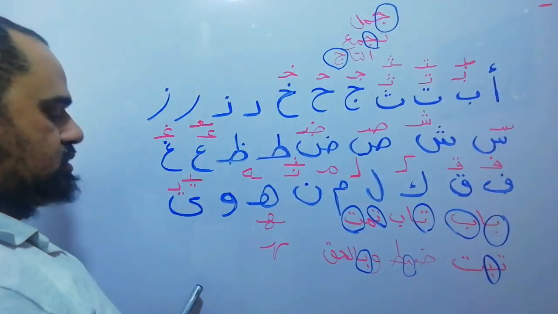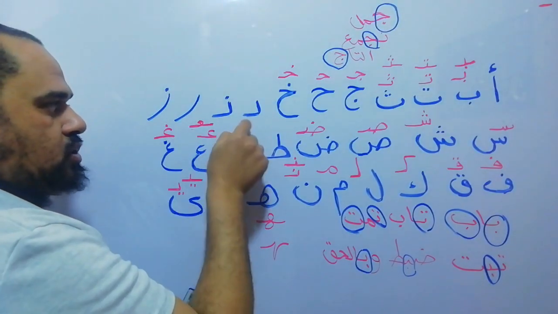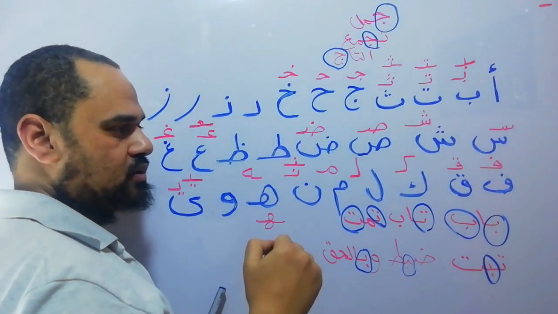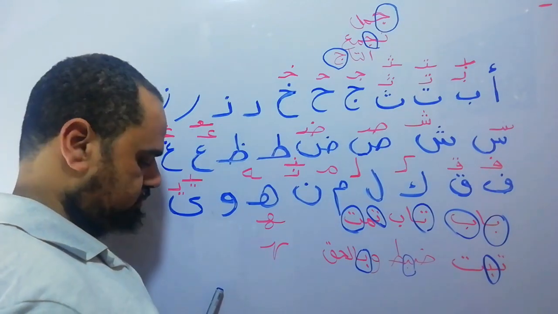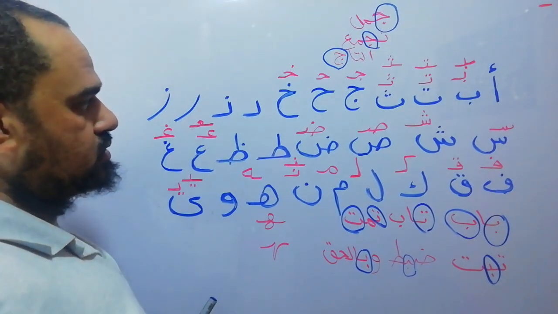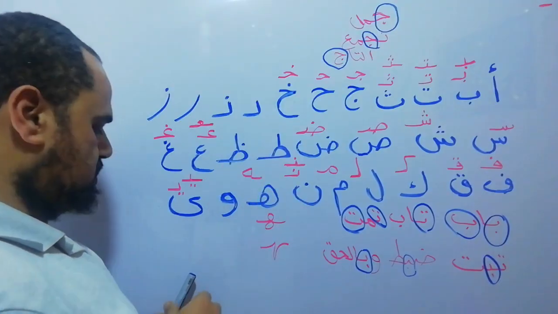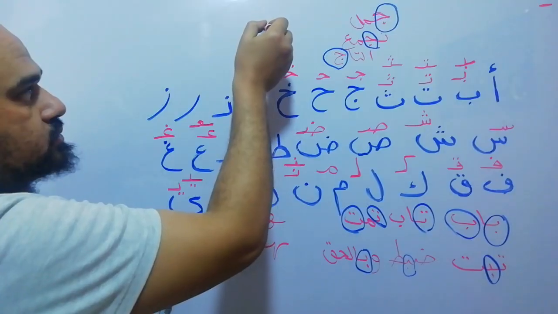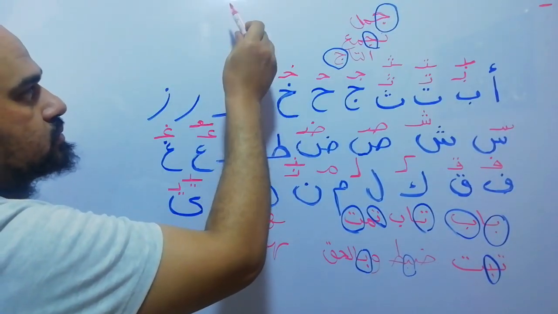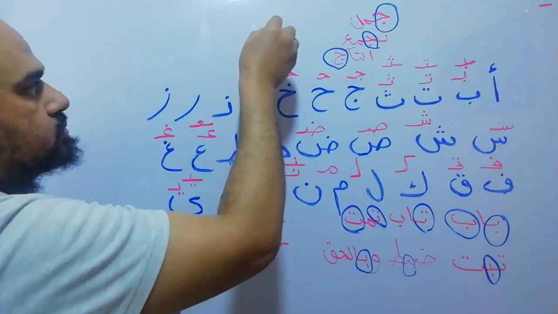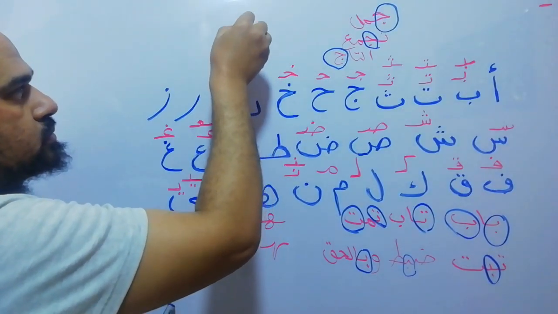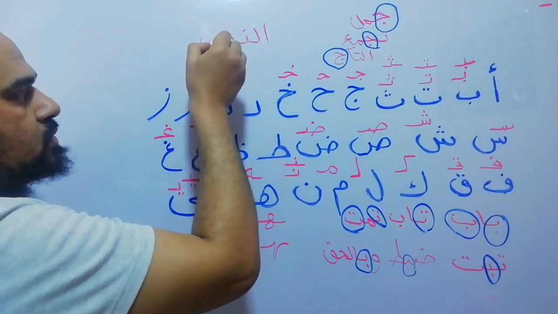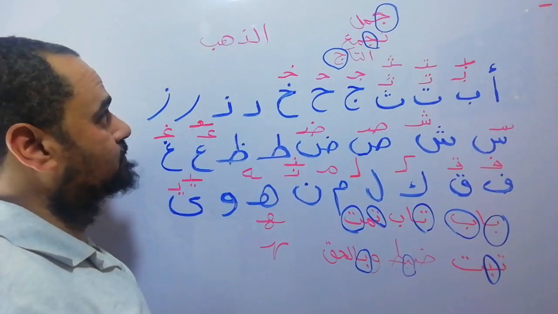If we looked at those four letters, when they connected with what was the previous one, their shape won't change. Like, for example, this word means gold.